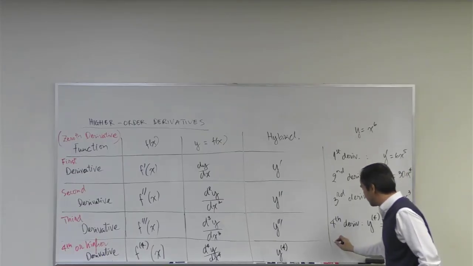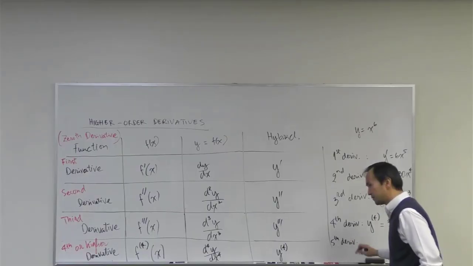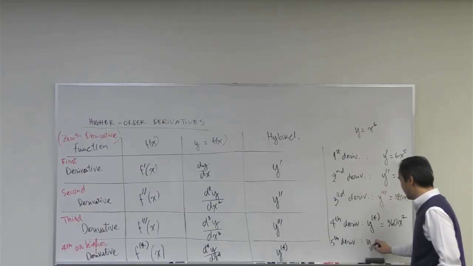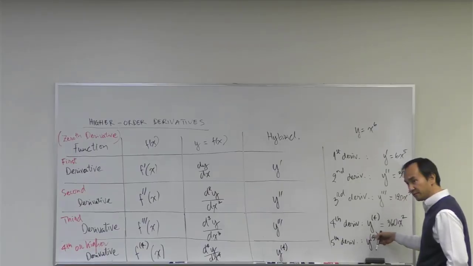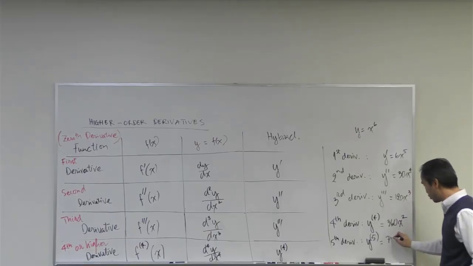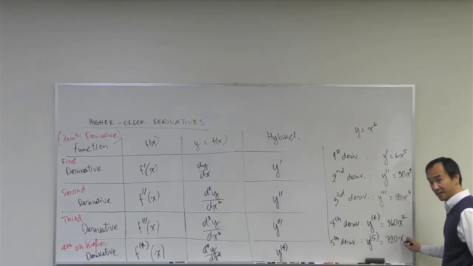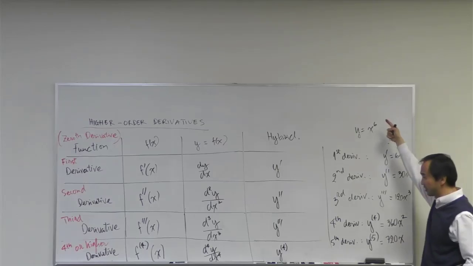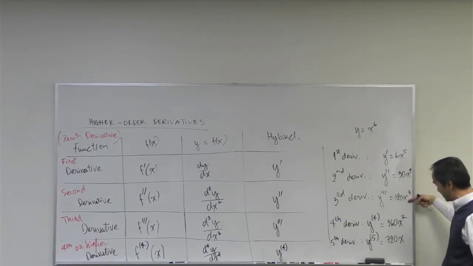And when it comes to the fifth derivative, y with superscript fifth order, it makes it 720x. And the power keeps reducing. We went all the way from power 6, jumping down step by step to power 1.